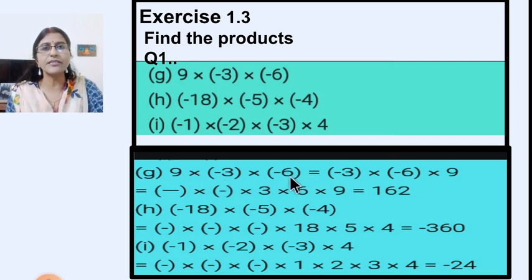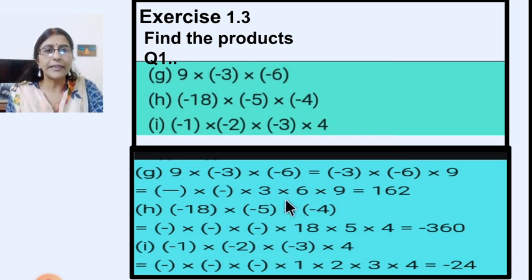So when we find out the product, when there are more numbers, we will first have to rearrange it. Here you can see these 2 negative integers are written first, and then 9 is written at the end. And then these 2 negative signs are taken out: minus into minus. You can do it like this also, so that there will not be any confusion. And now these numbers we will write like this, 3 into 6 into 9.